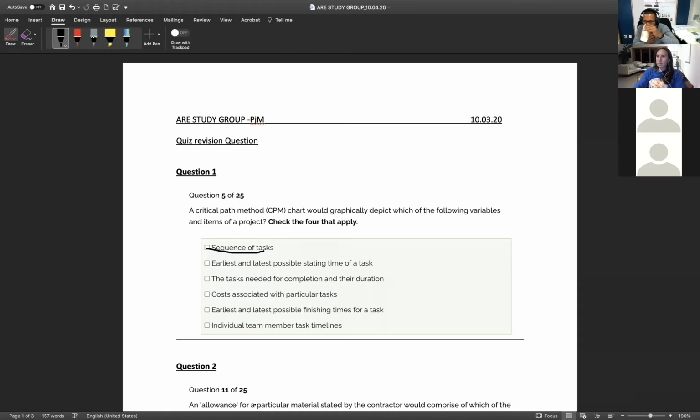Are you guys seeing my screen? No, we only see your Word document. One second. How do you share the entire screen? Try to stop sharing and then share again. Why is it not showing?